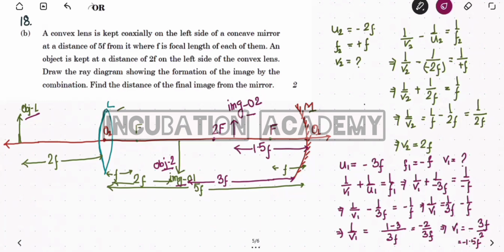This is the whole scenario, the combination of the mirror and lens, and it comes for 2 marks. So basically the questions are really competency based, really twisted, and there are lots of things you have to do. Thank you all of you.